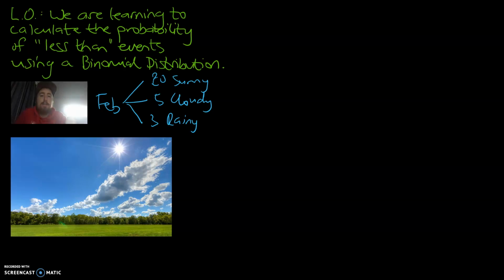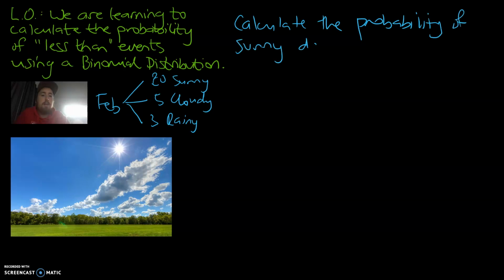So the first step is we're looking at the probability of sunny days. In this case, we always need to define success. For us, that's a sunny day. And failure, well, that's not a sunny day.